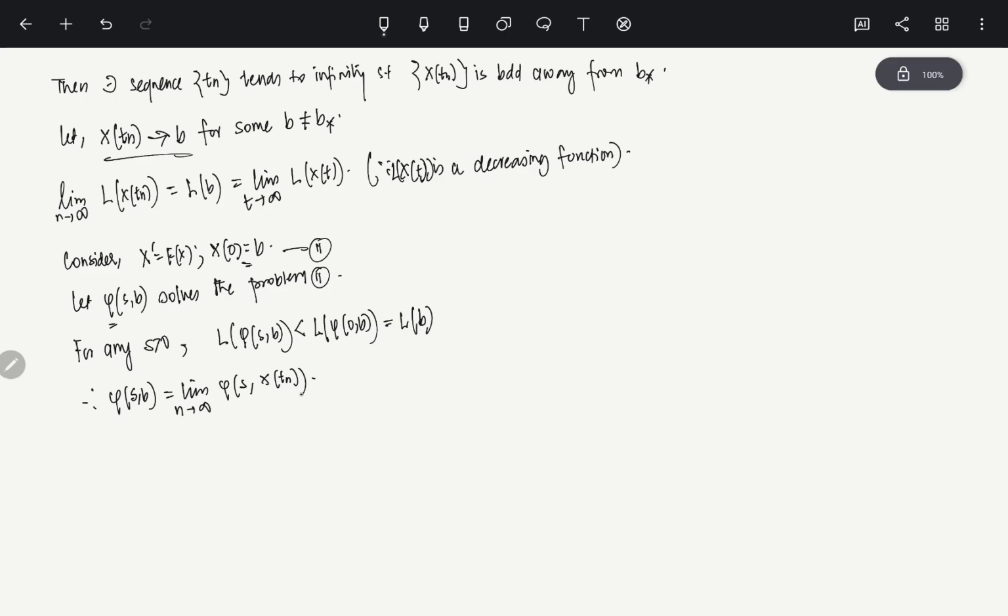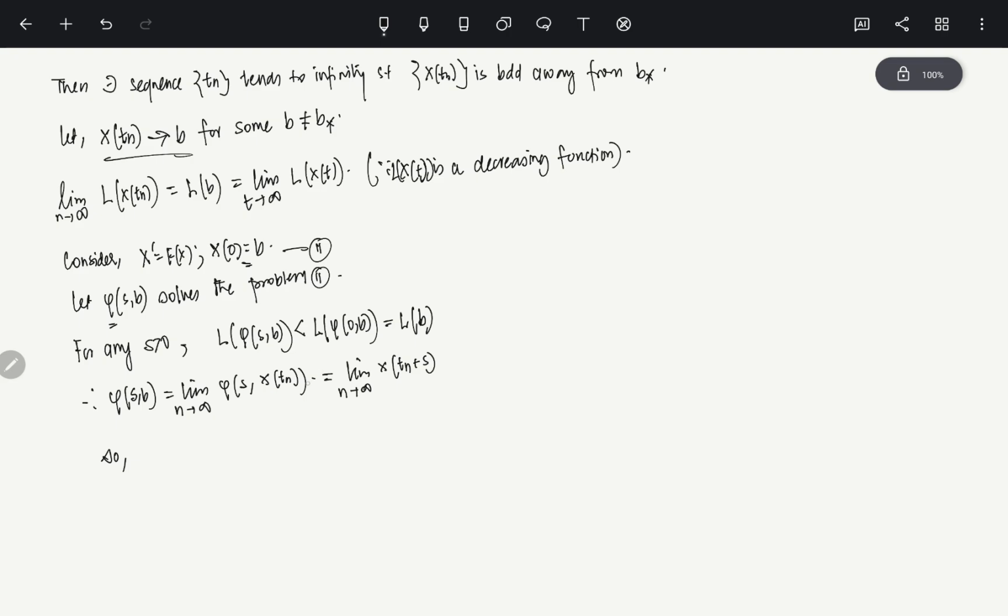Now the thing is this, you have to understand this thing. What is happening is this: phi of s, x of Tn is nothing but x of Tn plus s, right? Okay. So this is nothing but the limit as n tends to infinity of x of Tn plus s. Is it okay? You understand what I am saying?